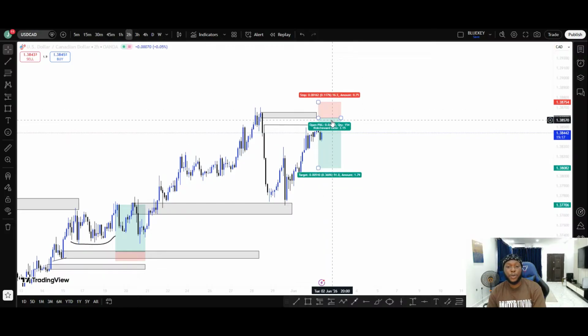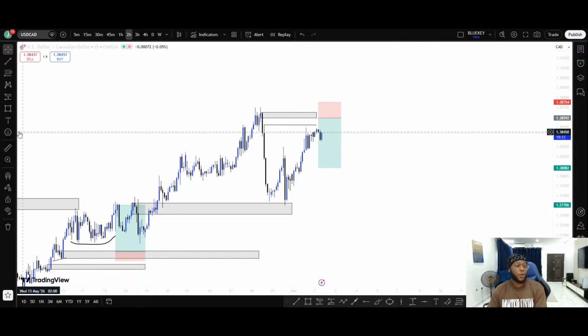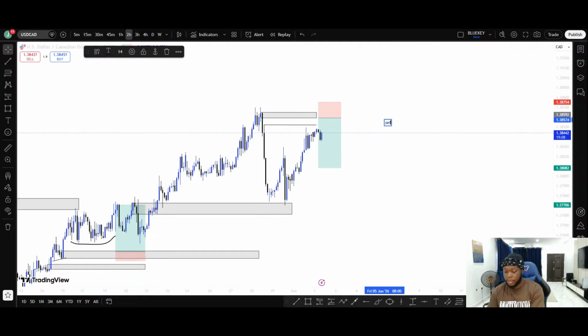It's pretty much 1 to 3.5, with a 16 pip SL. So let me drop the coordinates for this one. Sell limit order at 1.3859.